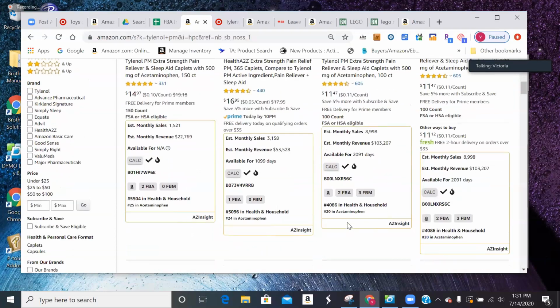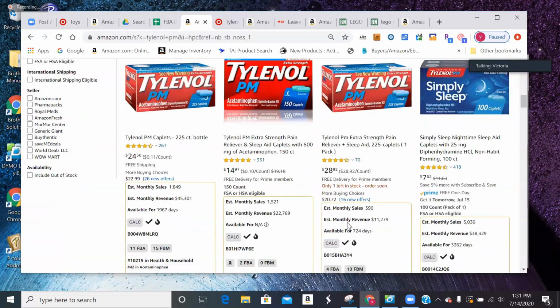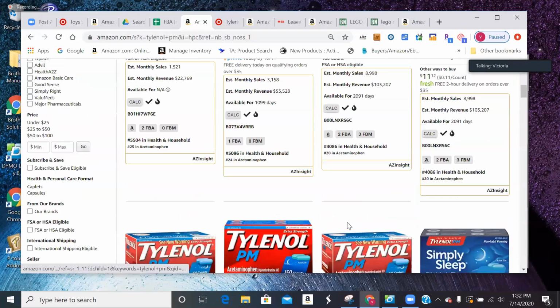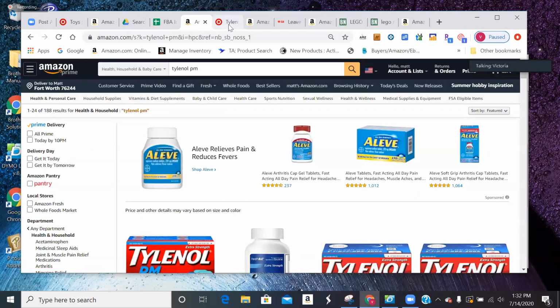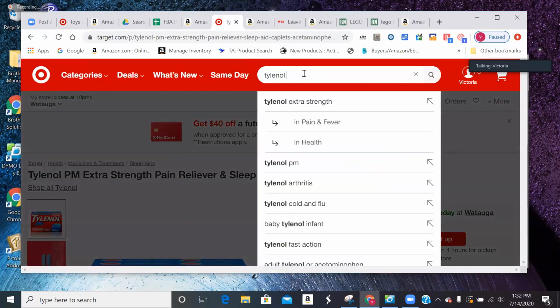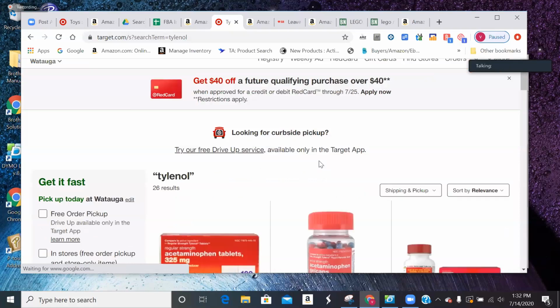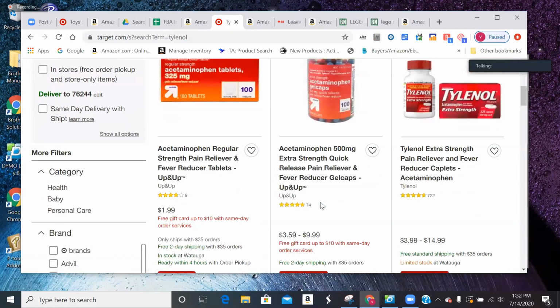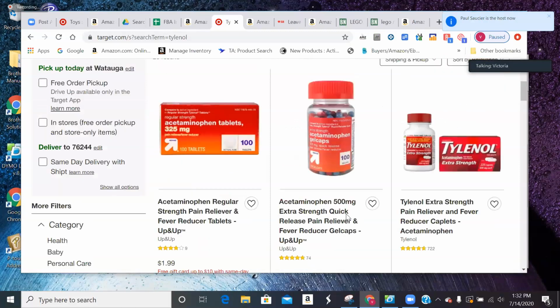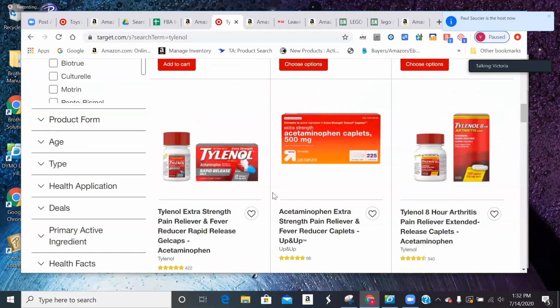So it's not always, you know, sometimes it takes a little bit of effort and time to look at things. But you can always just type in Tylenol on Target. See if you can find one with, so this one has a gift card associated with it. This is their off-brand, which might be selling.